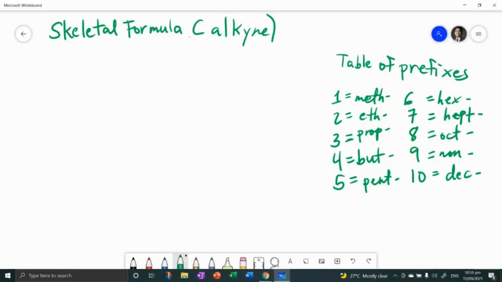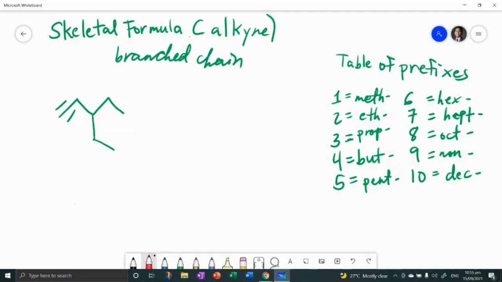Here we are at the alkynes. I will present the example, then I will write the branch chain. We know that in an alkyne, the triple bond is present. So that is our sample, and we know its parent chain. And in terms of numbering the parent chain, we again give priority to the triple bond.